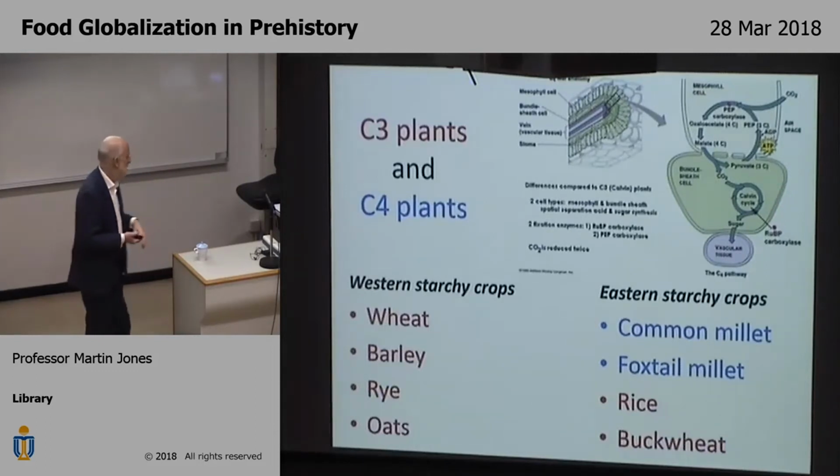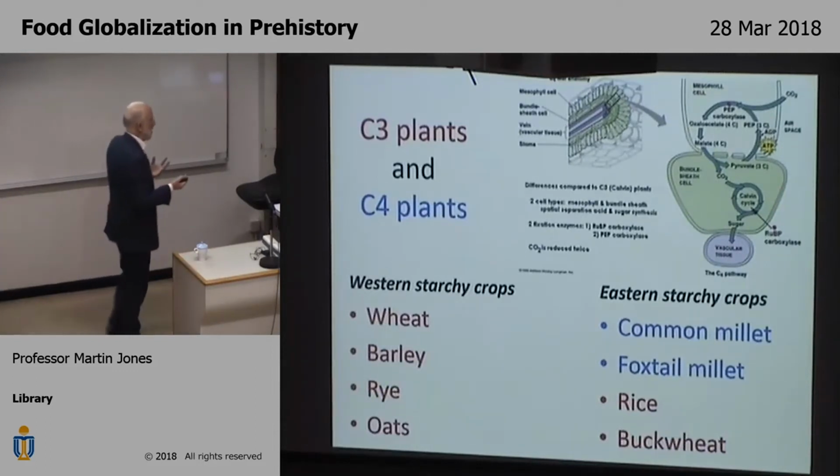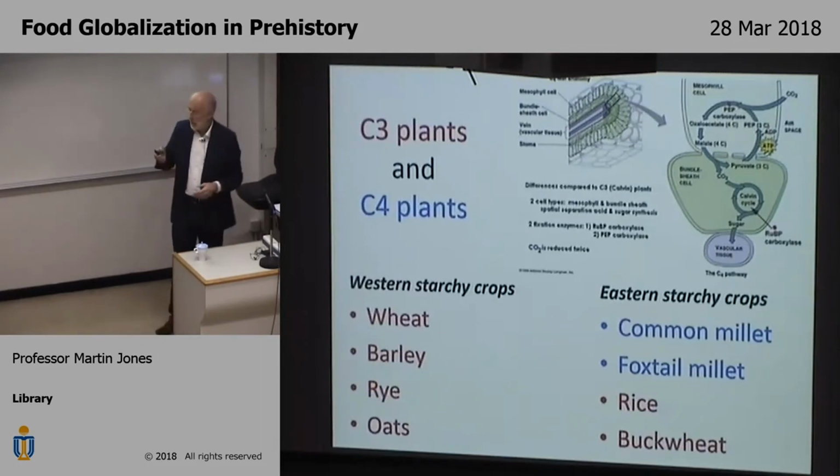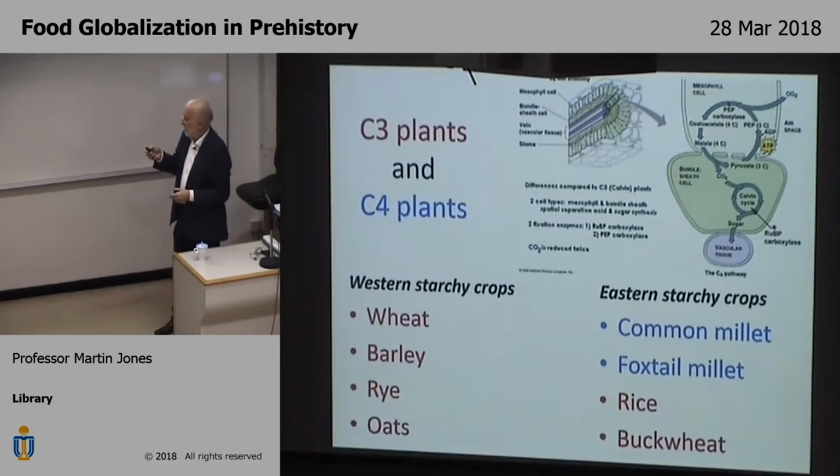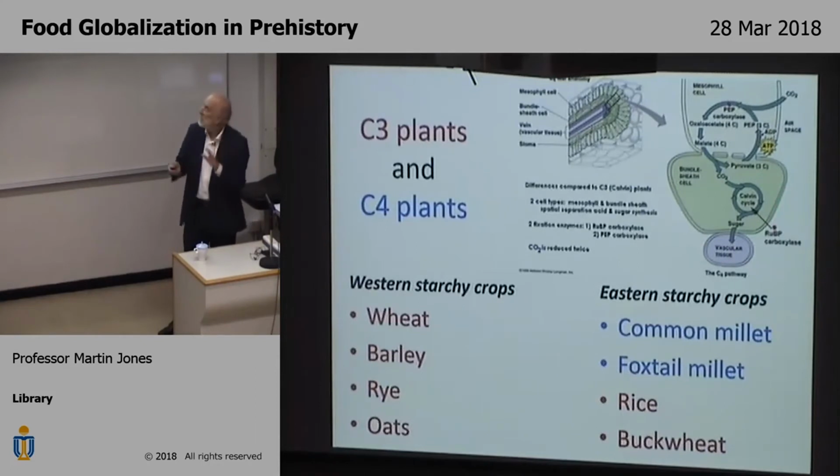So it's a really good way of exploring not just what's moving around, but who's eating it. I've mentioned wheat and barley moving west and the millets moving east, and you'll see they're different colours, and so we can use isotopic methods to get a sense of who's eating what.